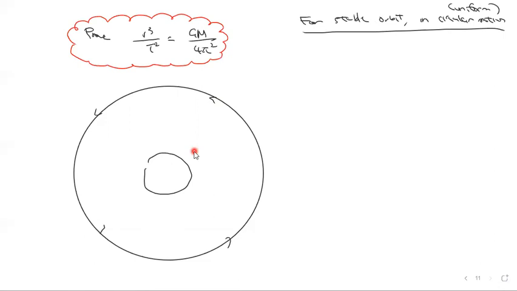But as we discussed earlier, to have circular motion, you need a centripetal force. This is the required force. But the required force, which is towards the center, is in reality being supplied by gravity, Fg. Now we assume in our orbits that there is no other force acting on it except gravity.